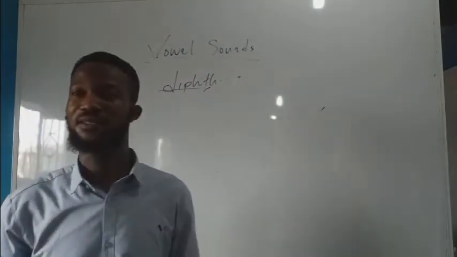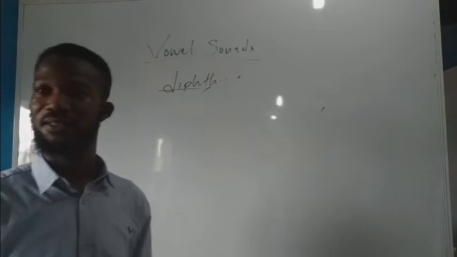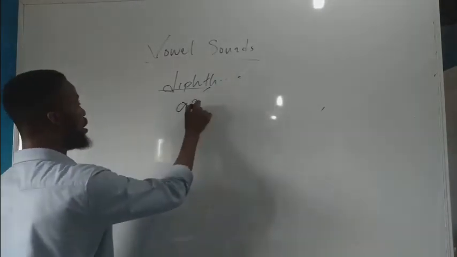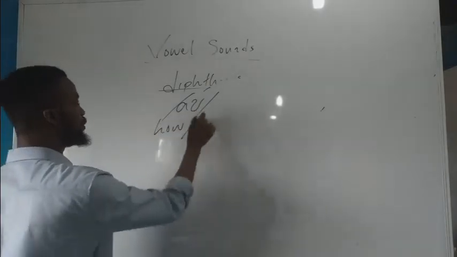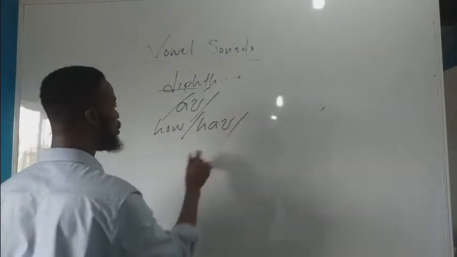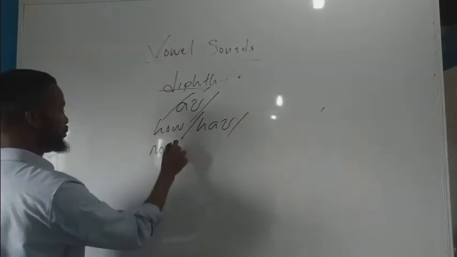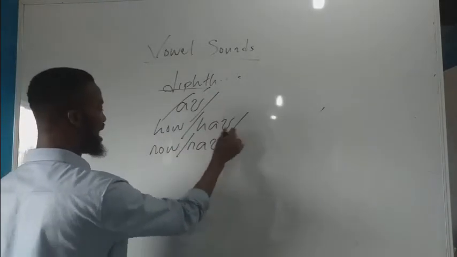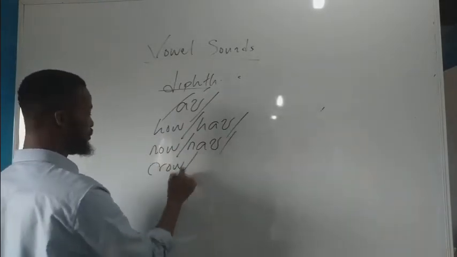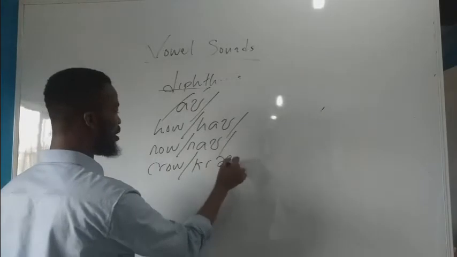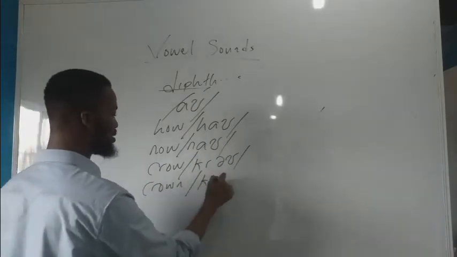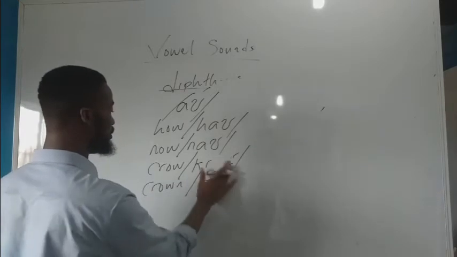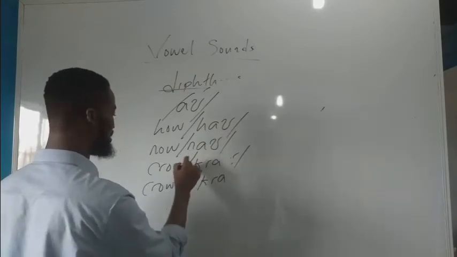We also have the sound ow. This is responsible for all the ow. H-O-W is pronounced as how. N-O-W is pronounced as now. C-R-O-W-N is pronounced as crown. Sorry, this is crowd.